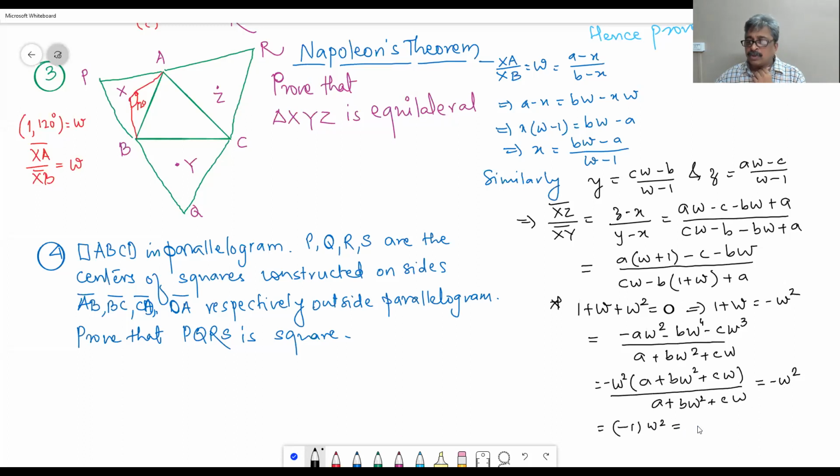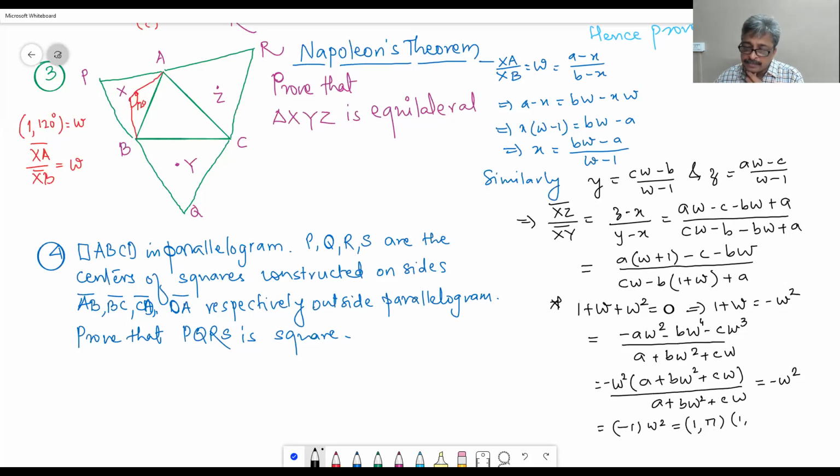Now the complex number of minus 1 is (1, pi), and the complex number of omega square is (1, 2 pi by 3), that is 120 degrees.